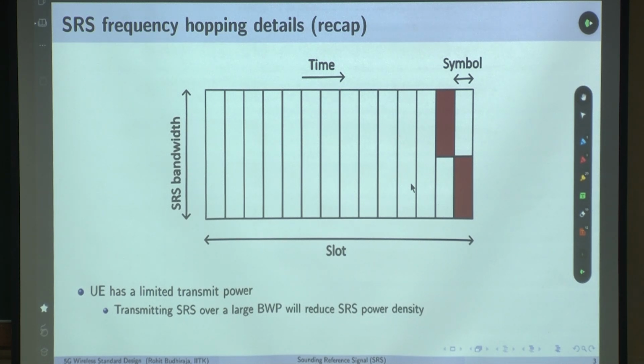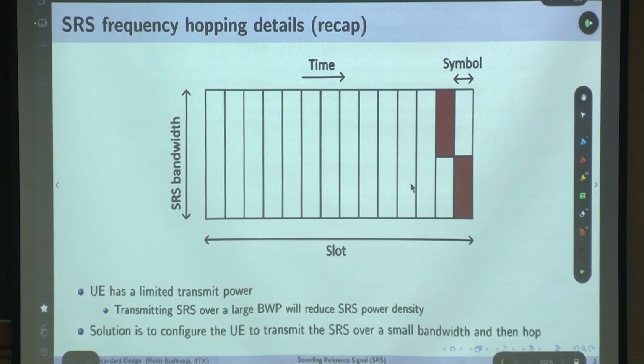So the standard allows the UE to hop the SRS from one frequency to another, to increase the link budget or the SRS power density, because the same power is now allocated to fewer PRBs if hopping is enabled. So we configure the SRS over a smaller bandwidth and then hop.